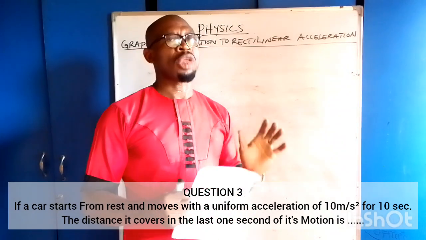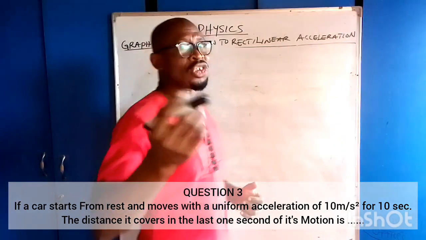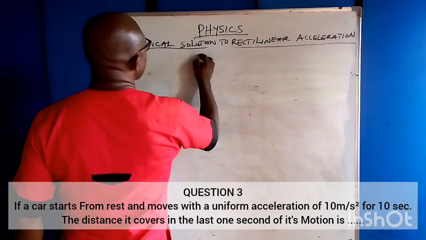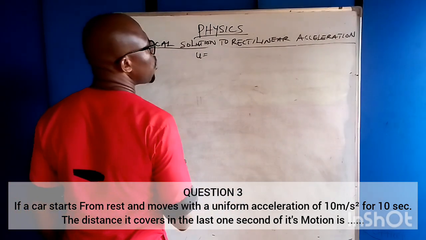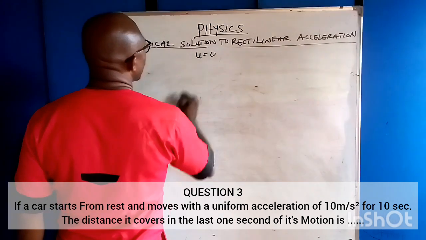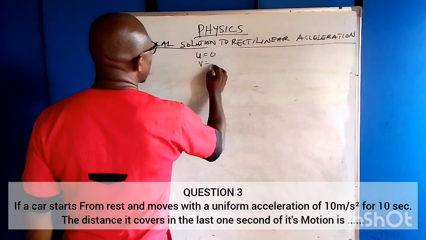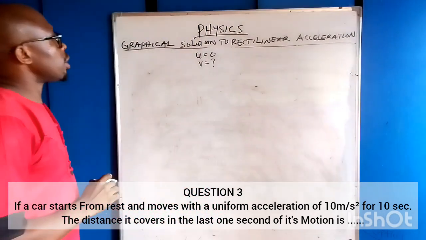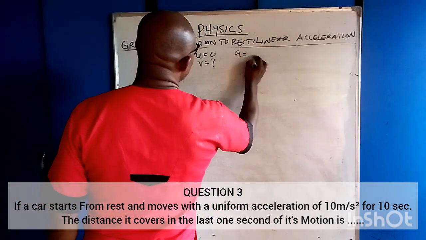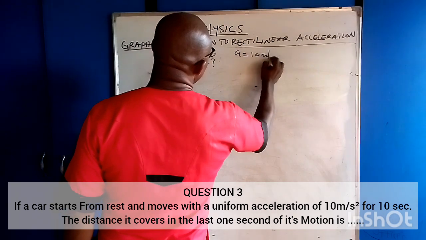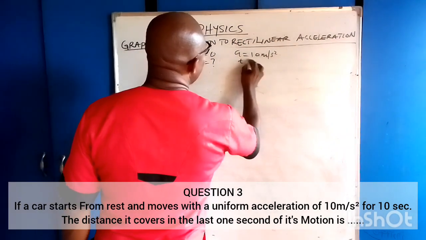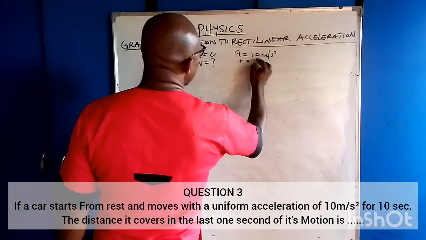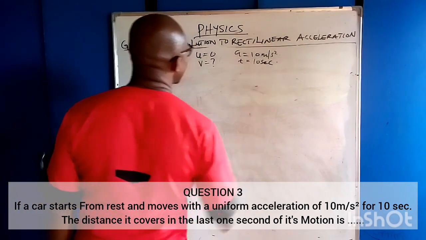To solve this problem, since the body started from rest, u is 0, v is unknown. Acceleration is 10 meters per second squared. The time taken for that acceleration to be completed is 10 seconds.